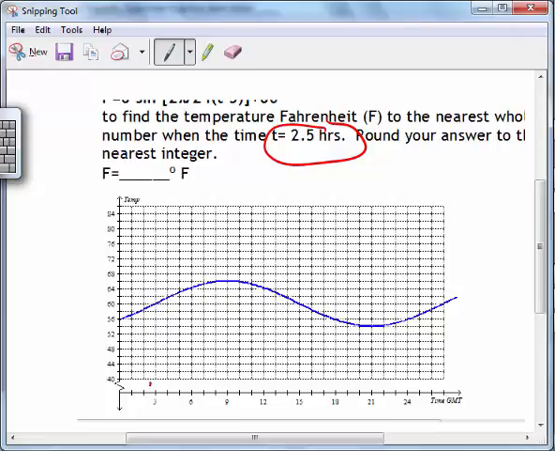So 2.5 hours would be right here. And you would go up. And so your dot would be right there. And so we would say 2.5. That's our first coordinate. And at 2.5 hours, the temperature appears to be, I don't know, 59 degrees. You can get close to what it is.